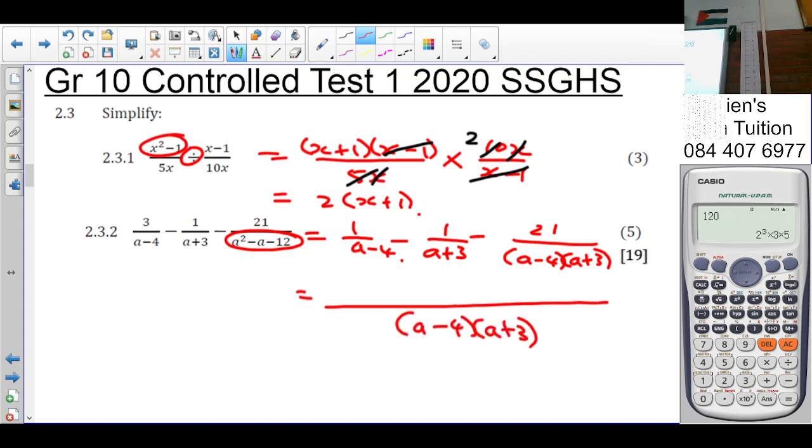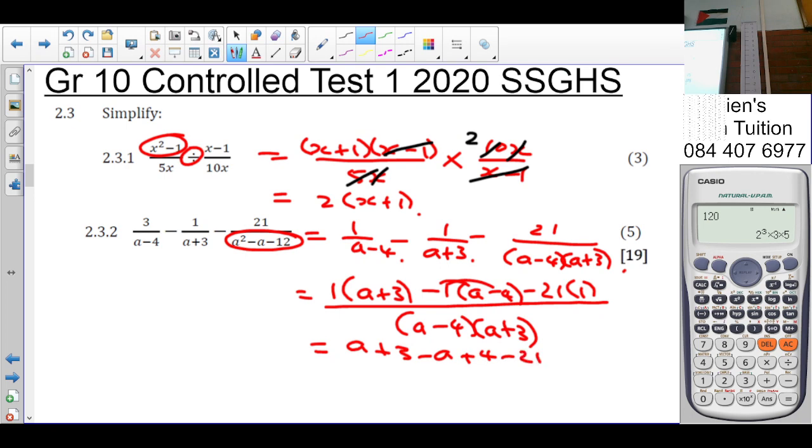So this must be multiplied by a plus 3, so it's 1 into a plus 3. This must be multiplied by a minus 4, and this here by 1. That simply gives us a plus 3 minus a plus 4 minus 21 over a minus 4, a plus 3.